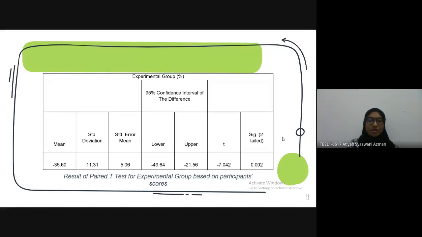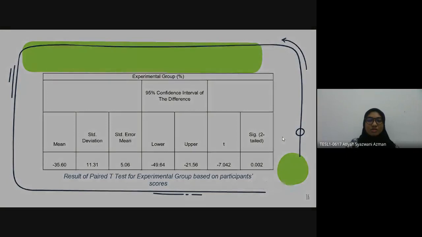The results must be less than 0.005, referring to skewness and kurtosis. So here we can see that there is a significant improvement in the experimental group. So the null hypothesis is rejected here. It is strongly evident that the Elsa Adjective song is very effective among Year 3 pupils.